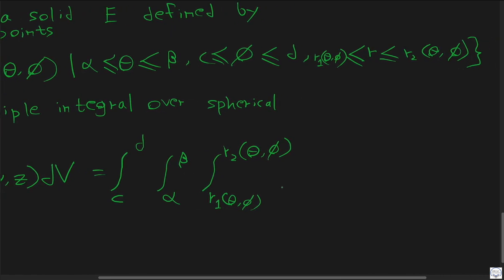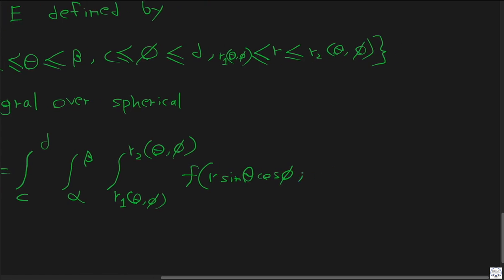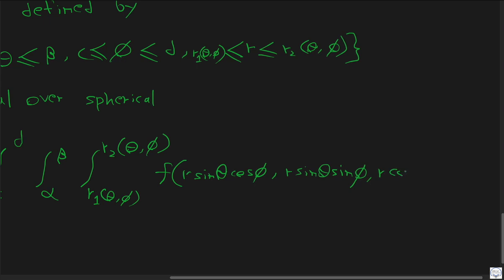Now we have our function, we need to change this, right? So x is r sine theta cos phi. Now y is r sine theta sine phi, and then z is r cos theta.